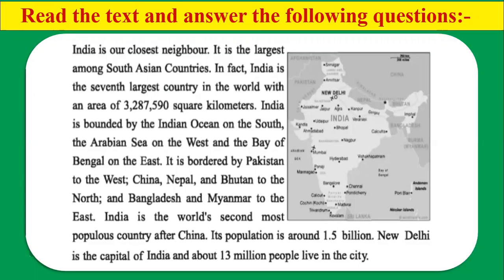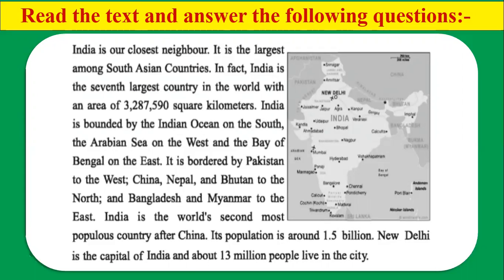India is our closest neighbor. It is the largest of the South Asian countries. In fact, India is the 7th largest country in the world with an area of 32 lakh 78,590 square kilometers.